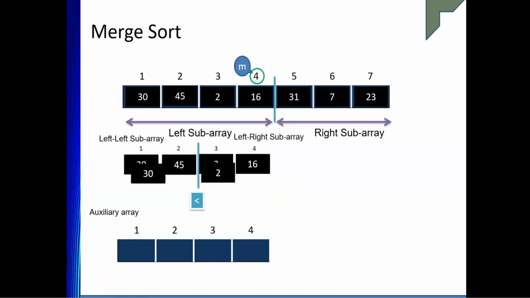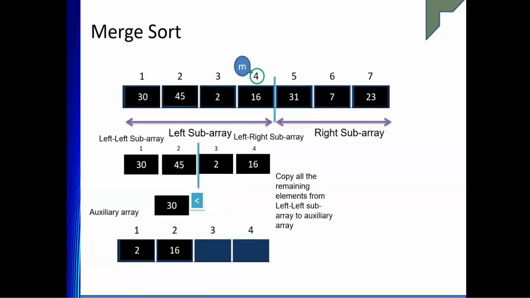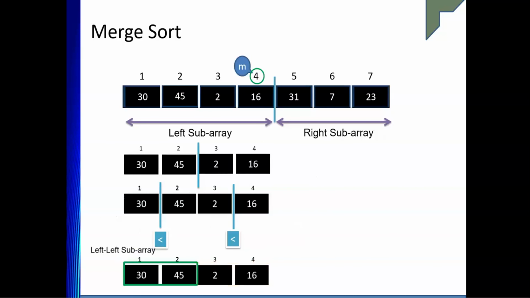I start comparing 2 and 30, and I have 2. Then 30 and 16, I compare, and I have 16. Then I copy all the remaining elements from the left sub array to the auxiliary. So I copy this 30, I copy this 45. Let me go back again so that things get clear.